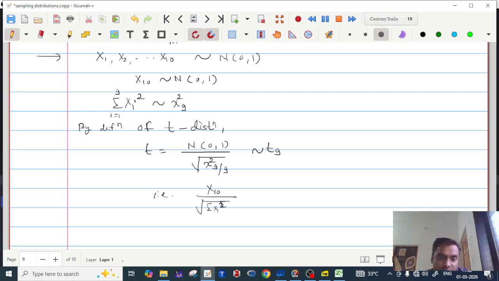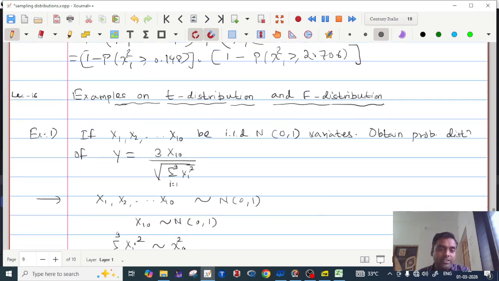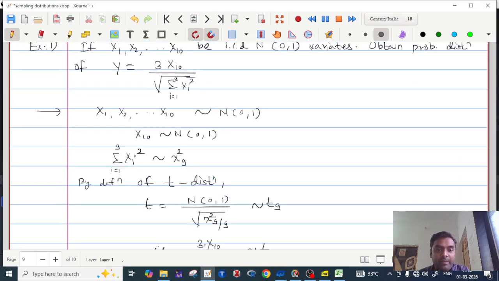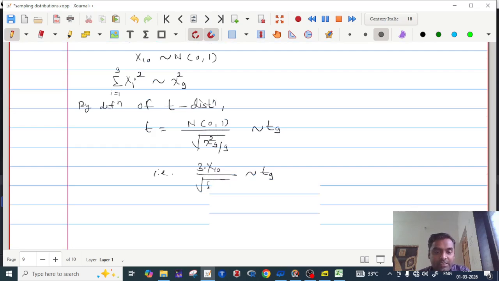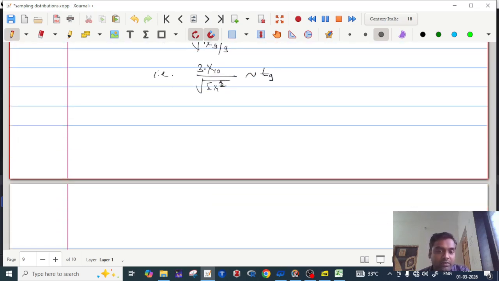Divided by 9, the numerator becomes 3 times X10. This follows t with 9 degrees of freedom. So the distribution of 3 times X10 divided by the square root of the summation Xi squared is t with 9 degrees.